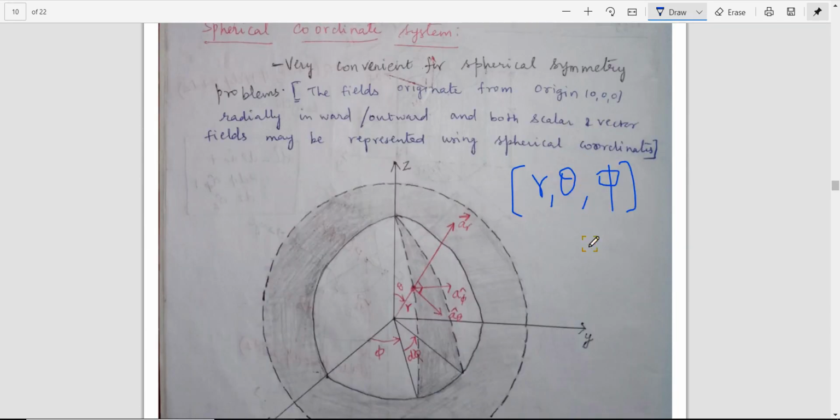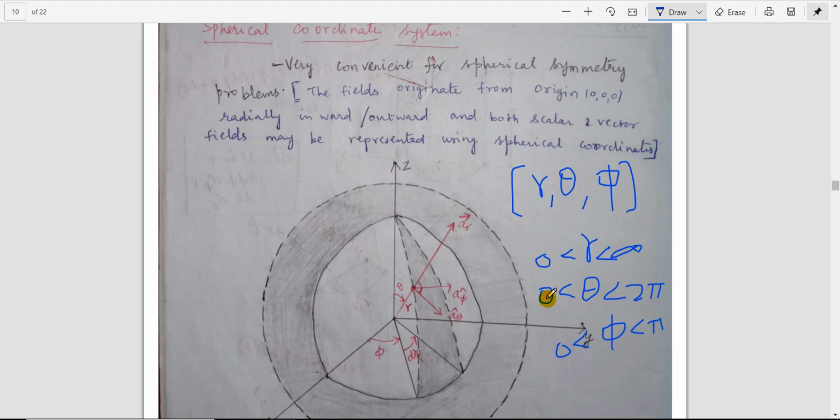And the actual range of these variables is: r goes from 0 to infinity, theta we may represent from 0 to 2 pi, or 0 to 360 degrees, and phi varies from 0 to pi only, because this angle is measured in a plane only.